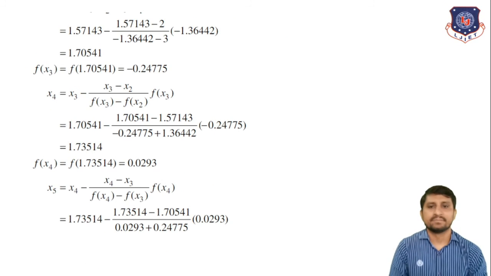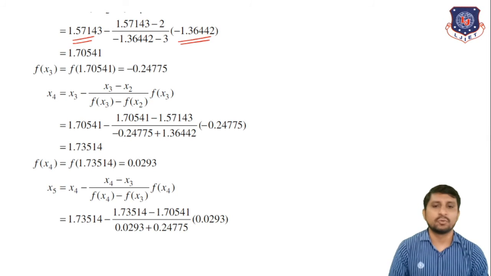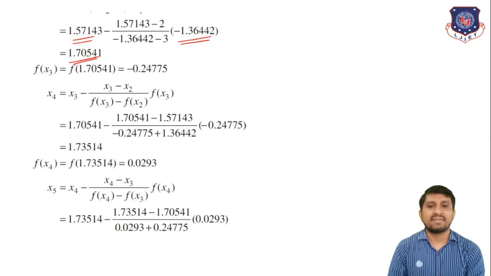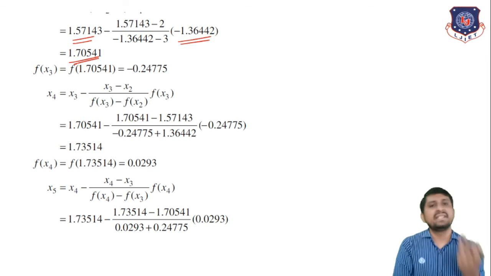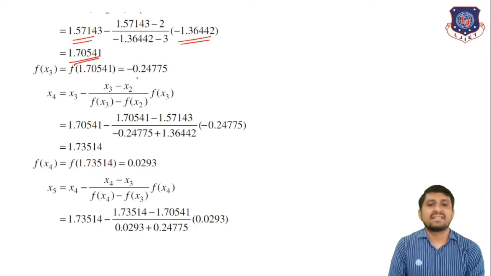When we calculate 1.57143 minus (1.57143 minus 2) upon (minus 1.36442 minus 3), into minus 1.36442, you will get 1.70541. Immediately we have to find f of x3, because to find x4 we need f of x3. That is a negative value.